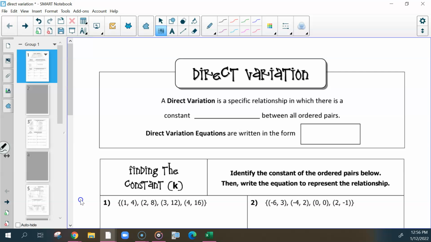And there are a couple different types. Today we're just going to talk about direct variation. So a direct variation is a specific relationship in which there is a constant ratio.